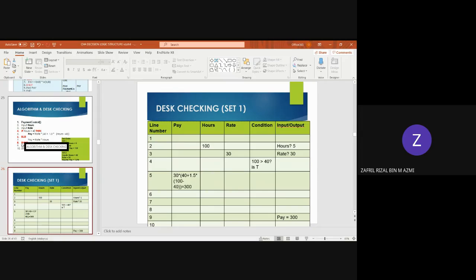Okay, similarly in line 8 it's going to be empty because it is just the closing of the if, kan, end if. So there will be no value to be shown inside the desk checking lah. So number 8 in any condition is going to be empty. Okay, similarly in line 10 it is just mentioning the stopping of the algorithm. So surely it's going to be empty lah inside the desk checking.